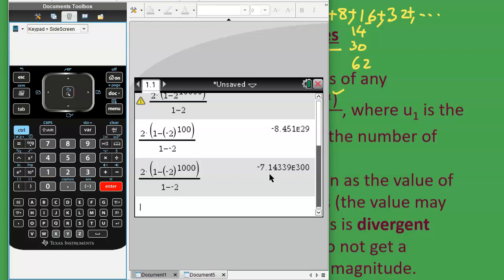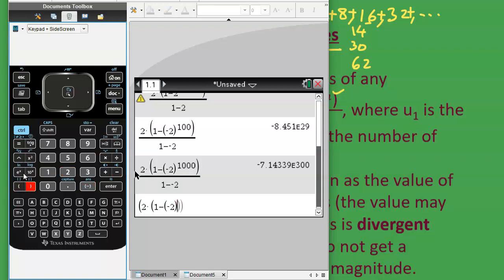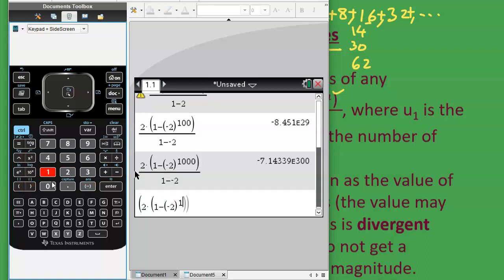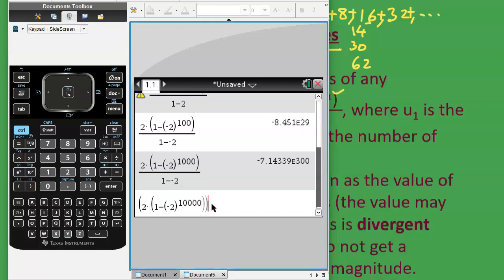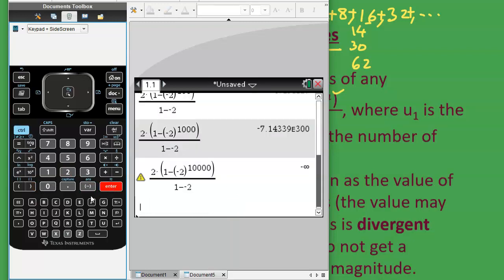And what happens when we try to take the first 10,000 terms? It is 2 times 1 minus negative 2 to the power of 10,000, divided by 1 minus negative 2, and try to get the answer.